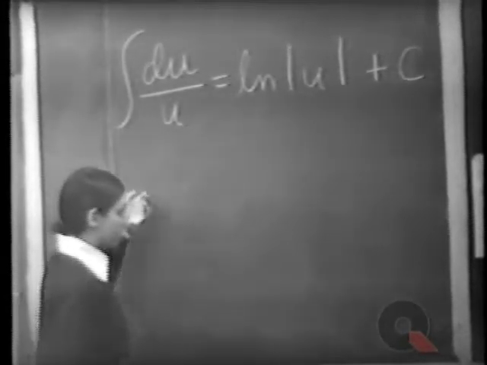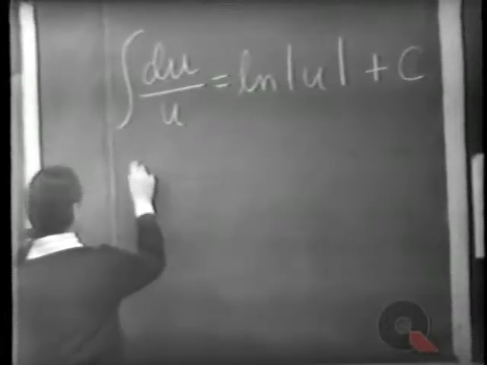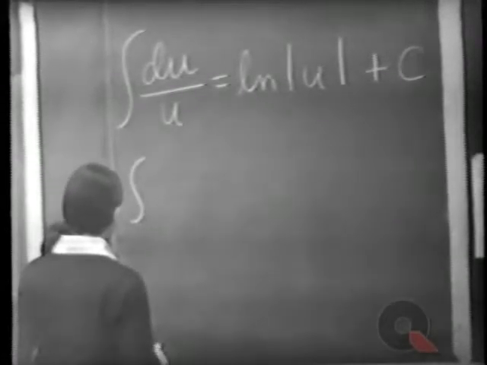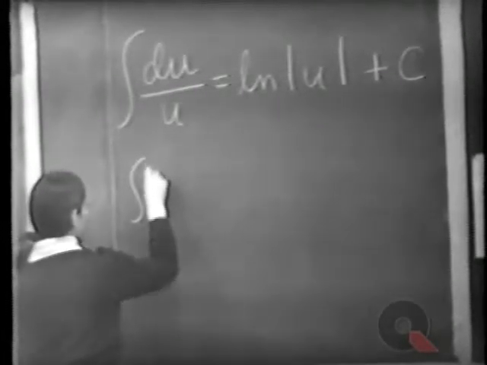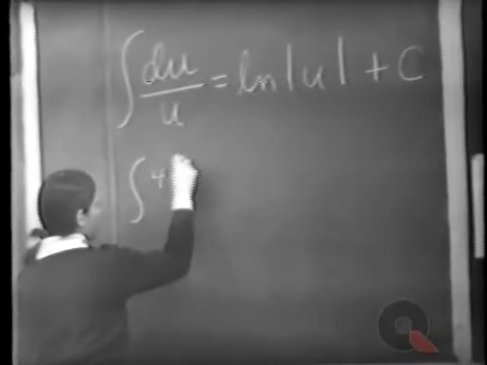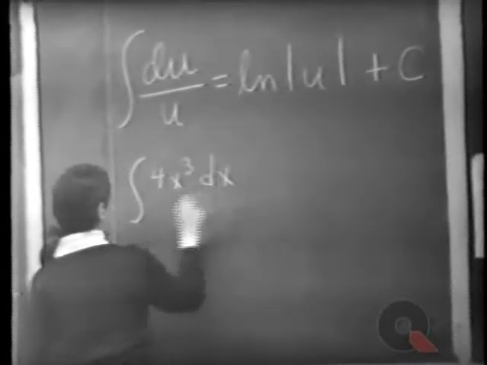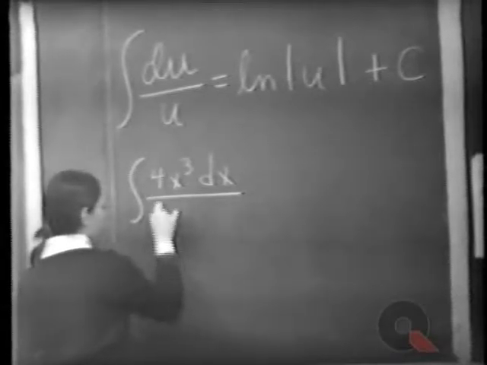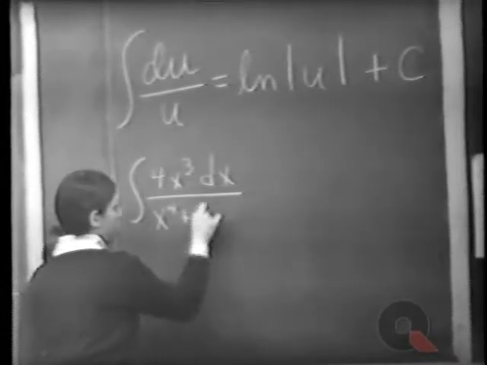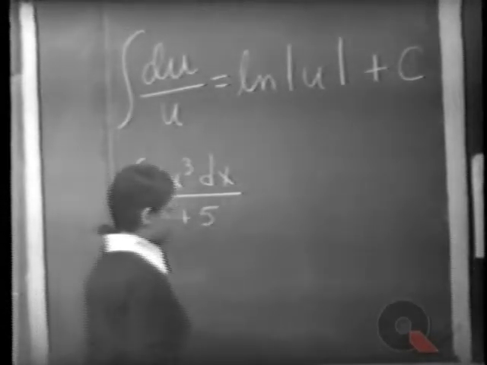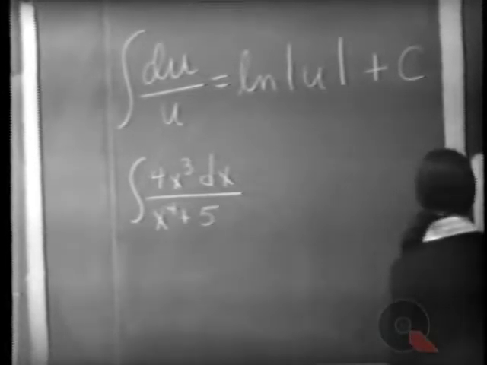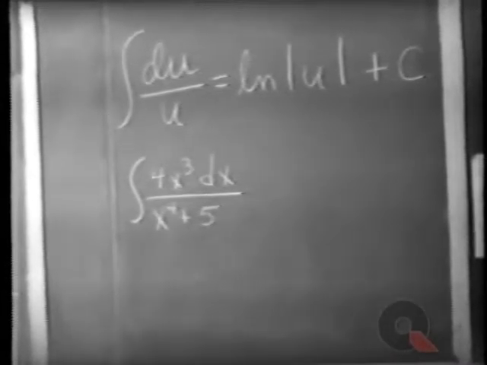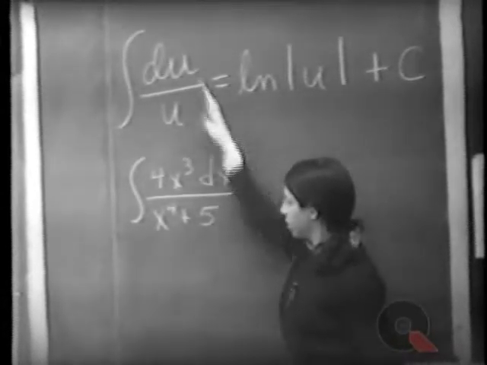Now, as an example of this, consider the problem: the integral of 4x cubed dx over x to the 4th plus 5. This is exactly in this form.